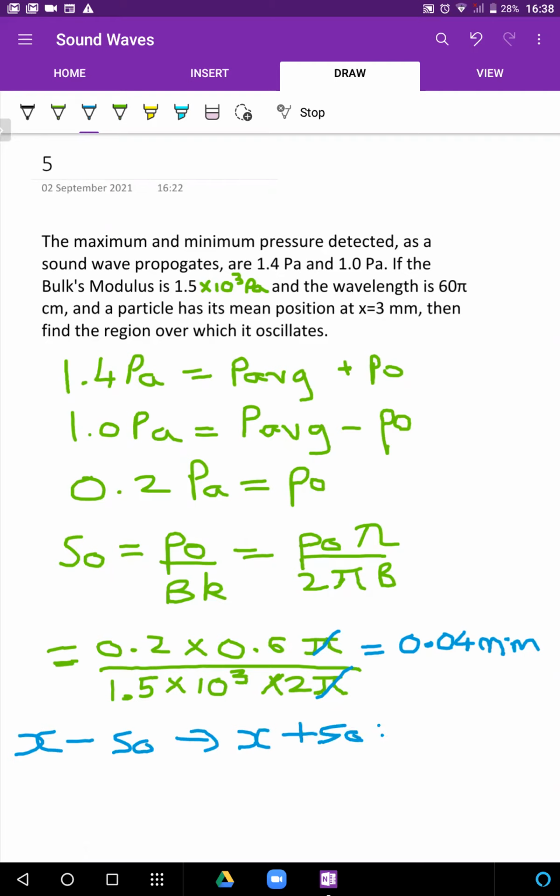So it will oscillate between 3 minus 0.04, which is 2.96, to 3.04. Got it? So that's how your pressure amplitude and your displacement amplitude are related. If I give you pressure amplitude, you can use P naught equals BKS naught to find your displacement amplitude. Okay?